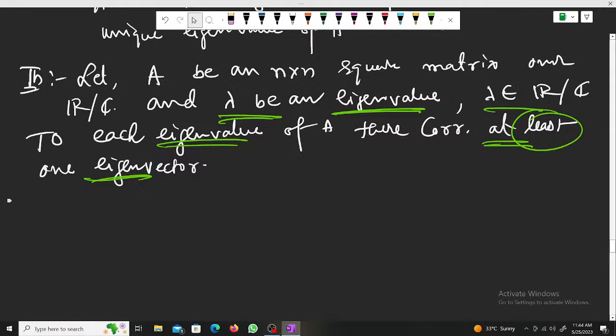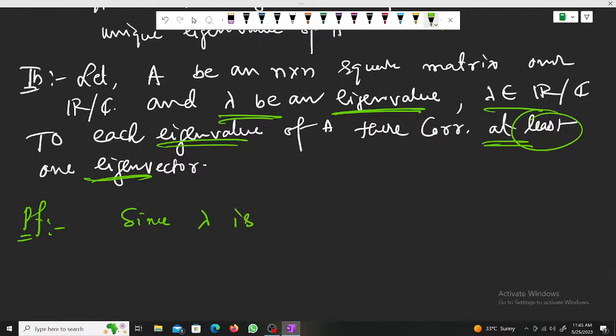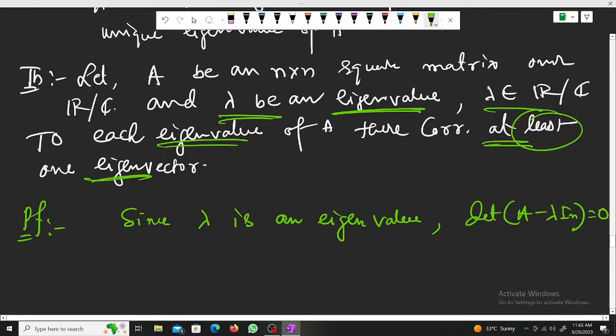How to prove this? Proof: since lambda is an eigenvalue, that means by the definition of the eigenvalue, det of A minus lambda I_n is equal to 0.